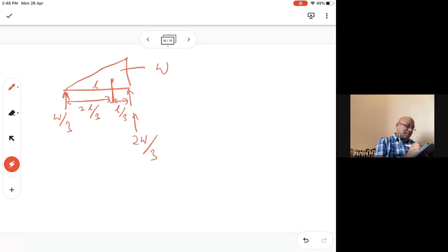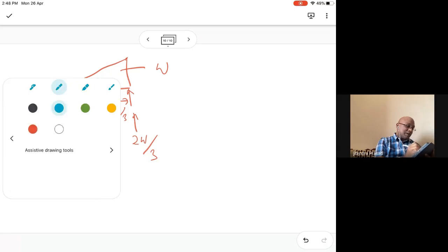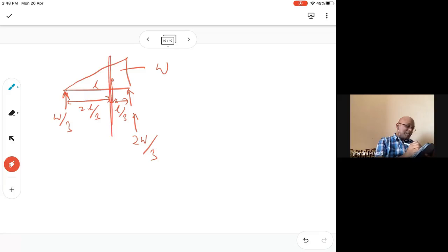So moment about this point: W/3 multiplied by 2L/3 has to be balanced by L/3 multiplied by 2W/3. So both will balance, and hence it's like that. So this is the insight why it will work like that, and you can write accordingly. So force vector for simple examples is very easy.